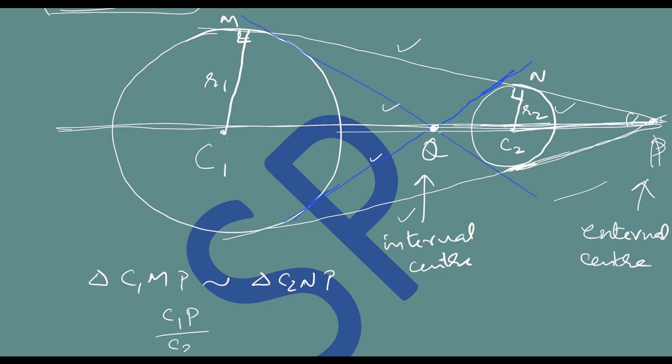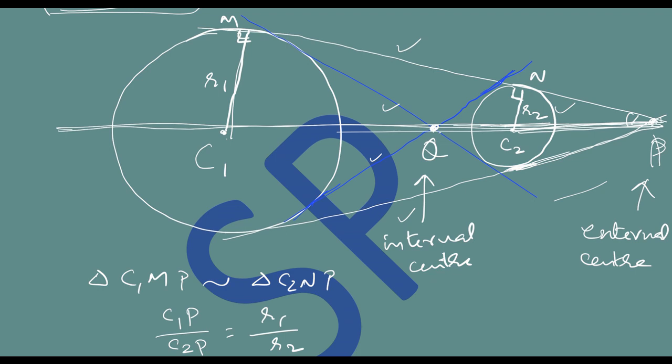C1P to C2P, that's what I'm going to find. Now I want you to observe that because of the similarity of triangles, in the big triangle C1P, the corresponding side here I am taking is R1, and in the small triangle C2P, the corresponding side is R2.